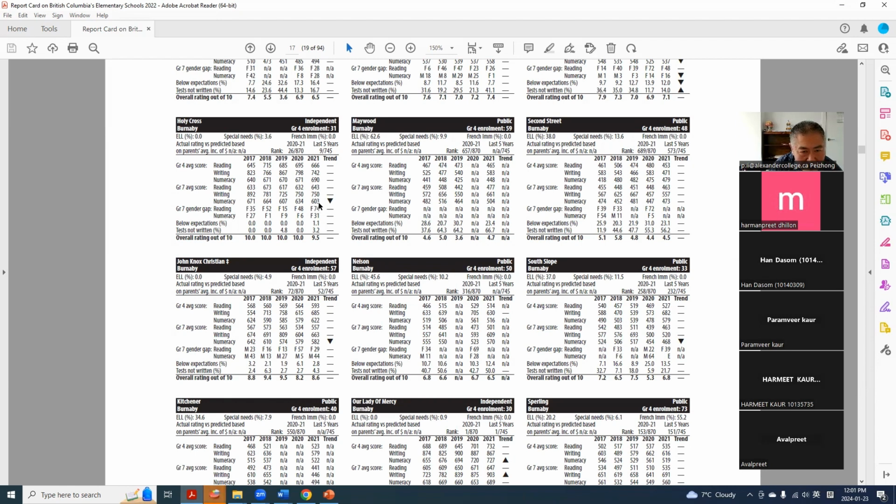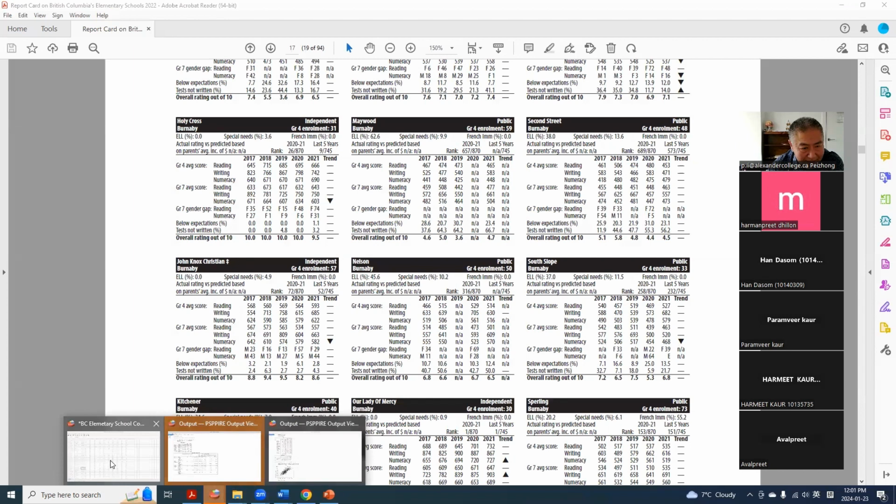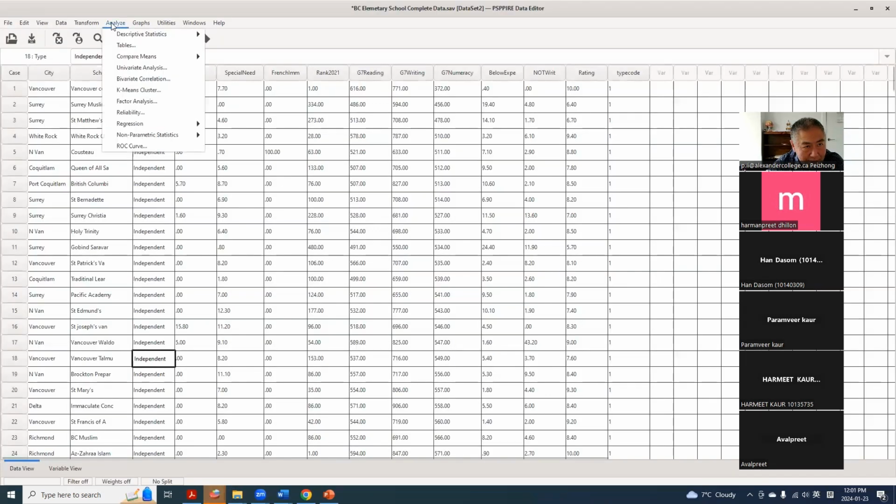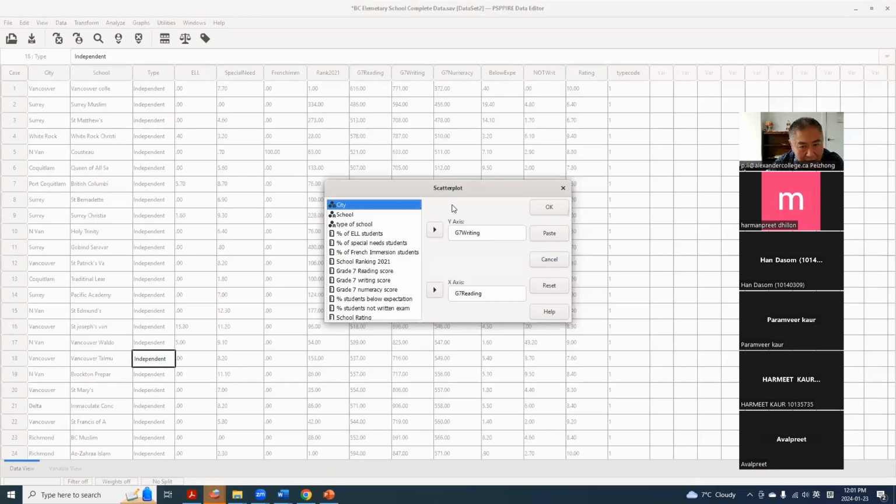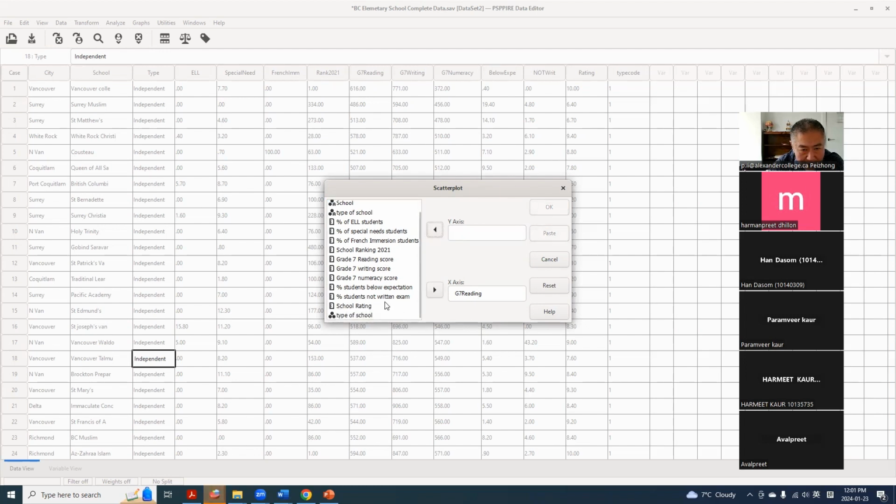Do schools that have high reading scores also have high math or numeracy scores? I think so. But let's look at the pattern. Analyze the data with a scatter plot, x-axis, let's keep it to reading. But now the y is numeracy. Numeracy score.